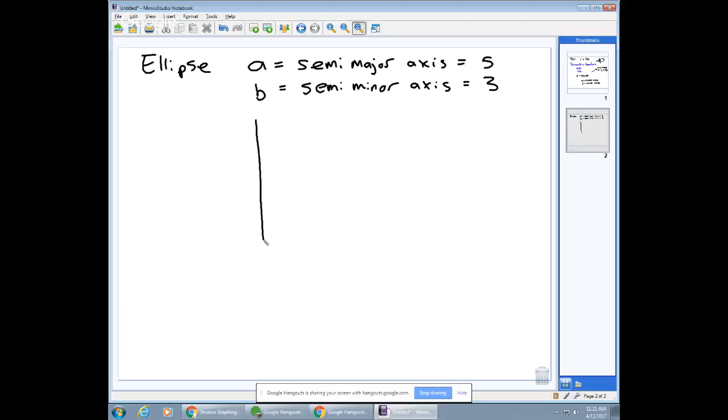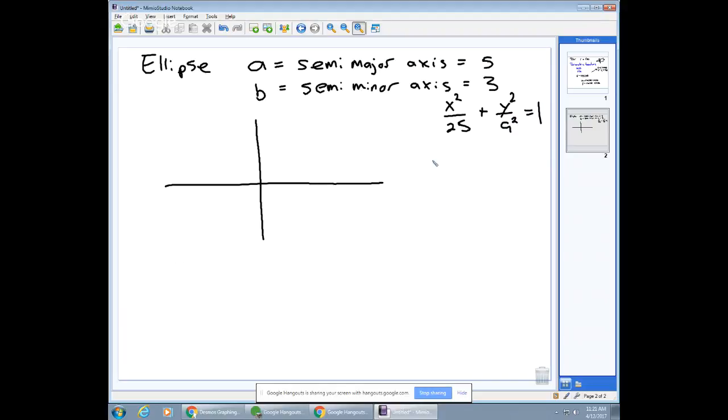So if I graph this, we're doing parametric. I think the equation, if I center at 0, would be x squared over 5 squared plus y squared over 3 squared equals 1 in rectangular.